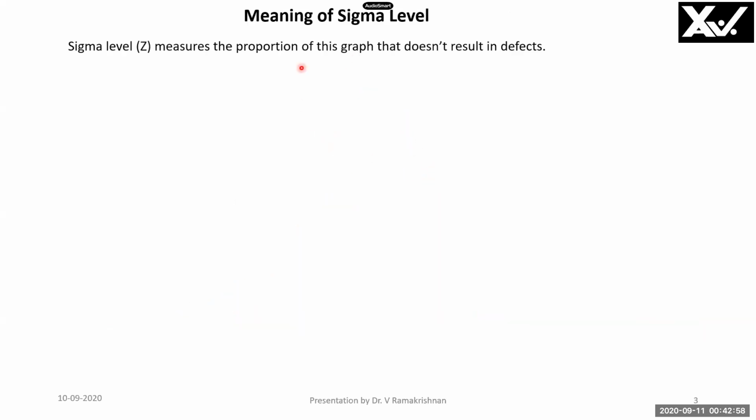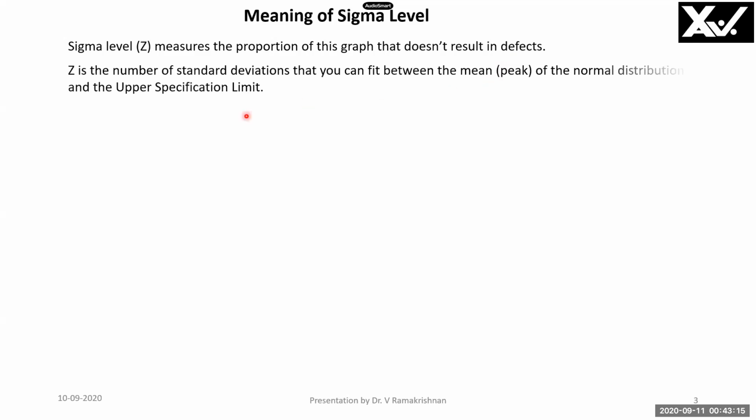Meaning of sigma level we will see here. Sigma level is measured by Z. Z measures the proportion of this graph that does not result in defects. That is, proportion of your production that does not result in defects. Z is the number of standard deviations that you can fit between the mean of the normal distribution and the upper specification limit.